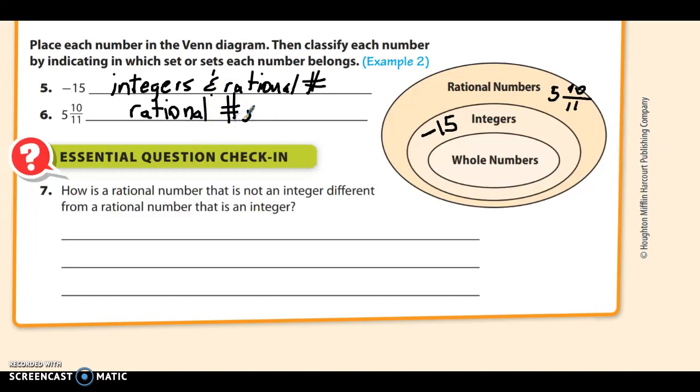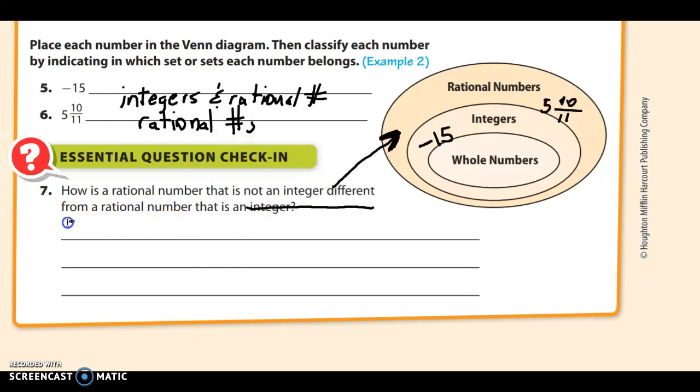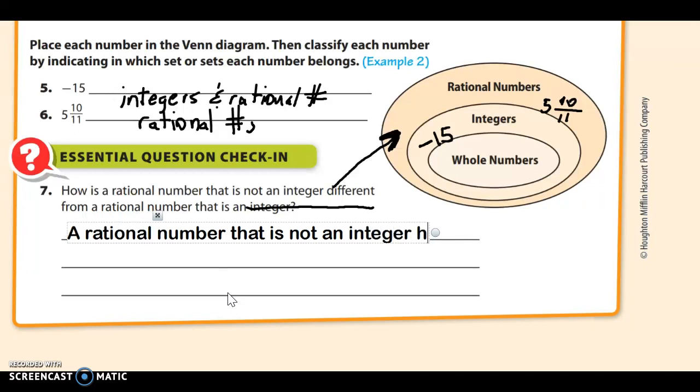Number 7, how is a rational number that is not an integer different from a rational number that is an integer? So a rational number that is not an integer would be something that would go in this circle right here. I think I'll type. A rational number that is not an integer has to be a fraction or decimal.